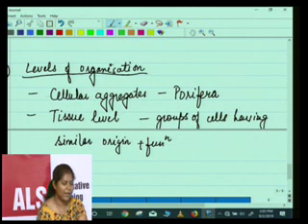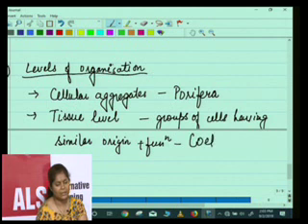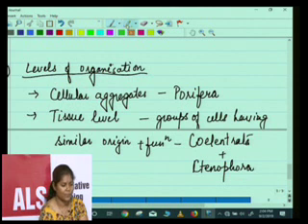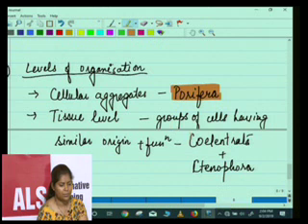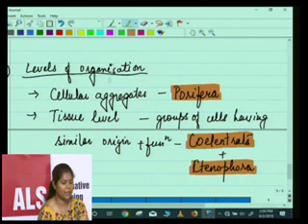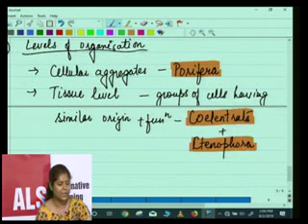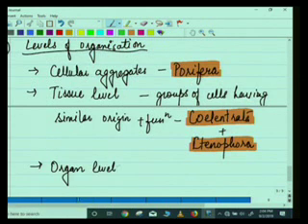The phyla having tissue level organization are Coelenterata as well as Ctenophora. Just keep on marking these things, mark in orange. If you have multicolored pens, it's good, or just keep underlining with the same color pen. Now tissues will come together to form what? To form organs.